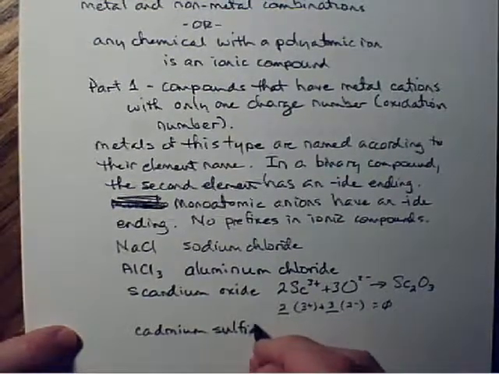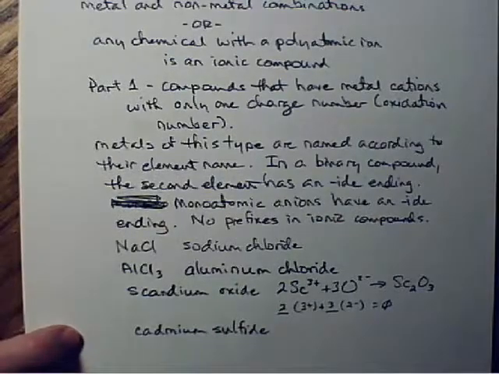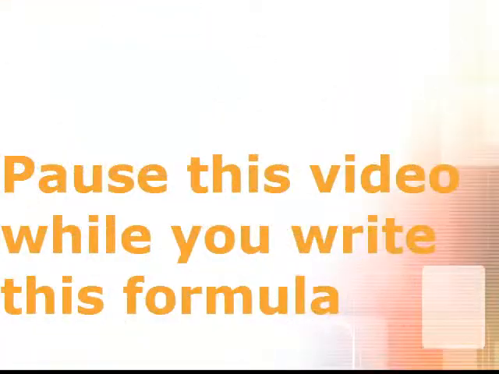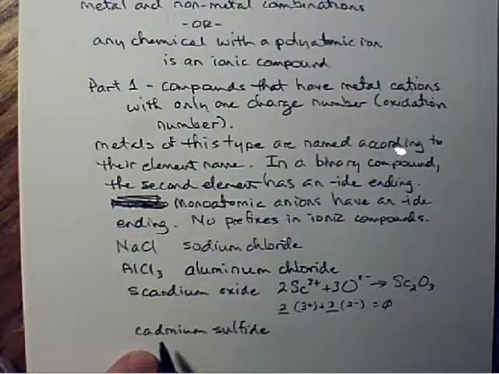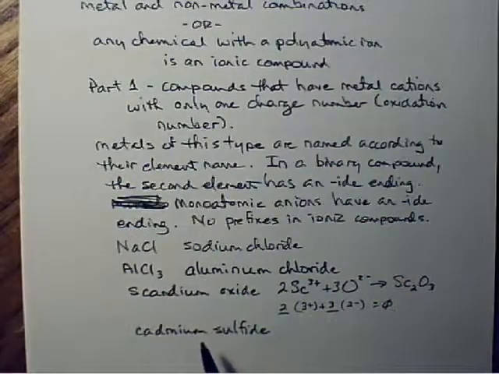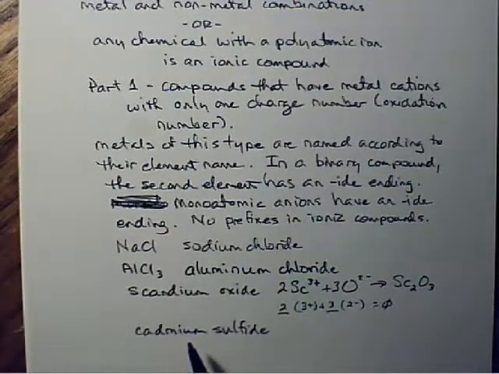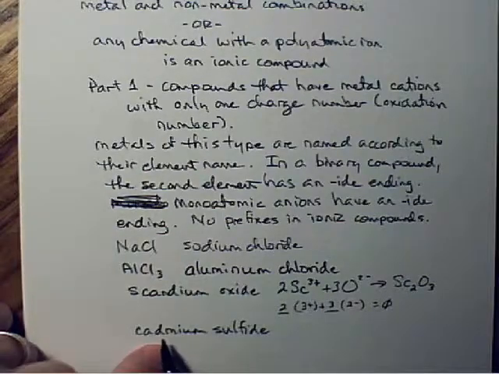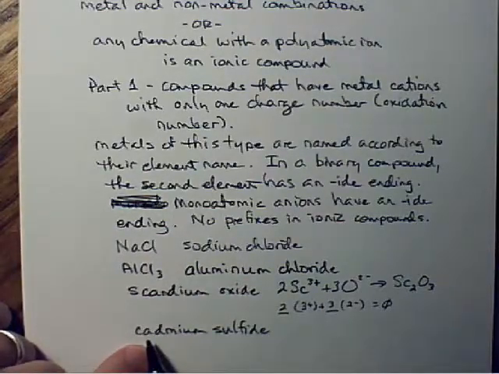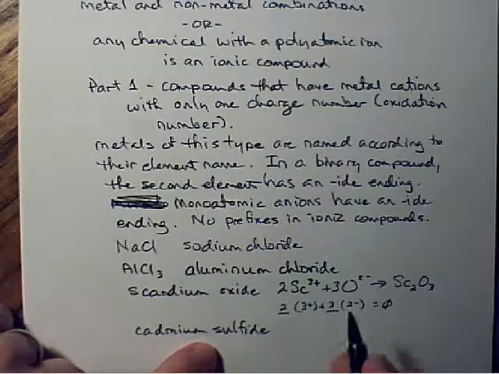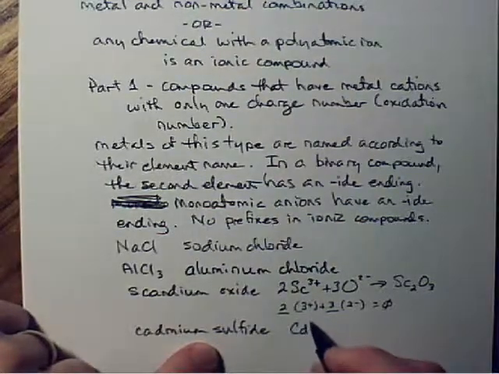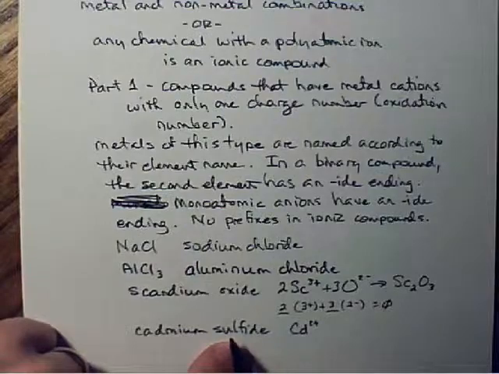Cadmium sulfide. So cadmium is in the last column of the transition metals, and all of those elements have a 2+ charge, except that mercury can sometimes also have a 1+ charge. But this is 2+, so that's capital C, little d, 2+, that's cadmium.